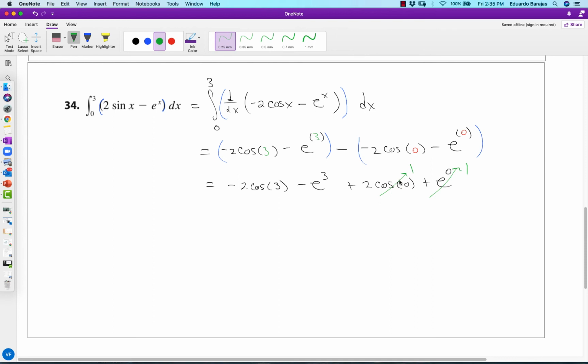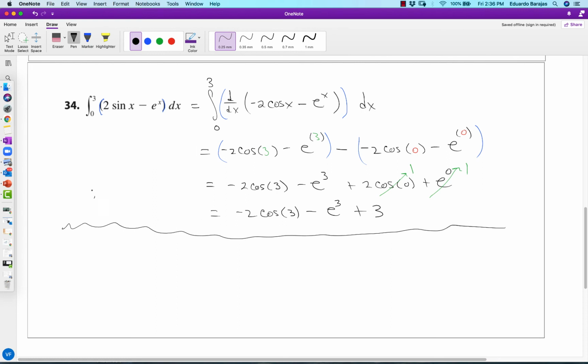So this will be 2 plus 1 gives you 3. So the whole thing then becomes minus 2 cosine of 3 minus e cubed plus 3. And that's about as simple as it gets if you want an exact answer. Otherwise, you can get your calculator and get a nice approximation. But that's good enough for us. So that'll be our answer.